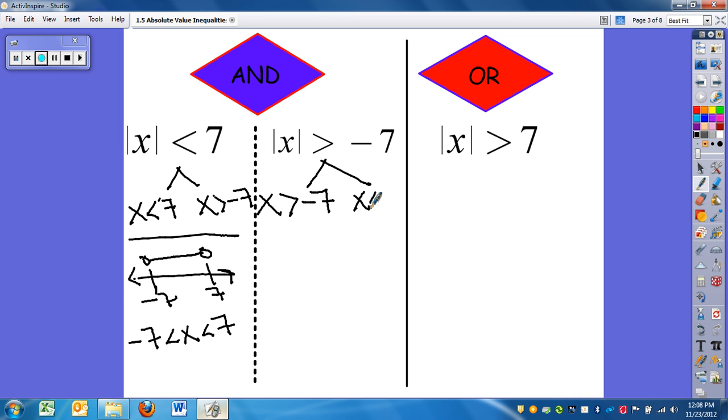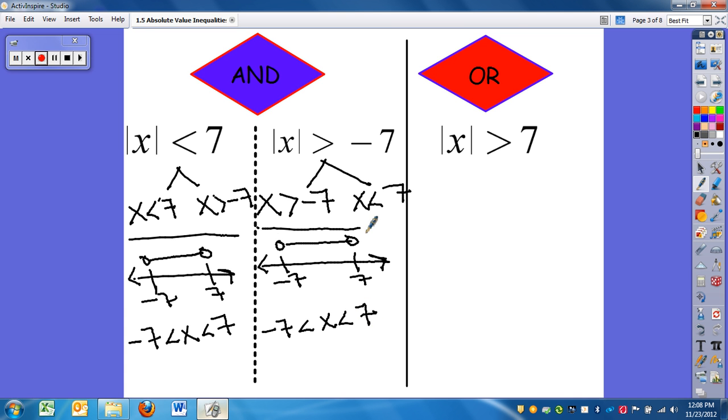And then we are going to flip our sign, and since it's negative here, we have to change the sign to a positive. x is less than 7. So then when I graph this, we're going to have negative 7 and 7, and we're actually going to be in between these 2 values. So I can write this as a compound inequality, like so. So again, the graph and then the bottom compound inequality, the and inequality, are my 2 final answers.